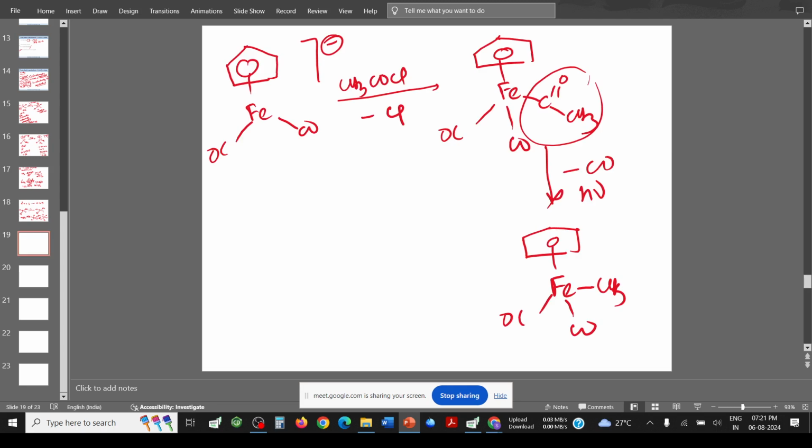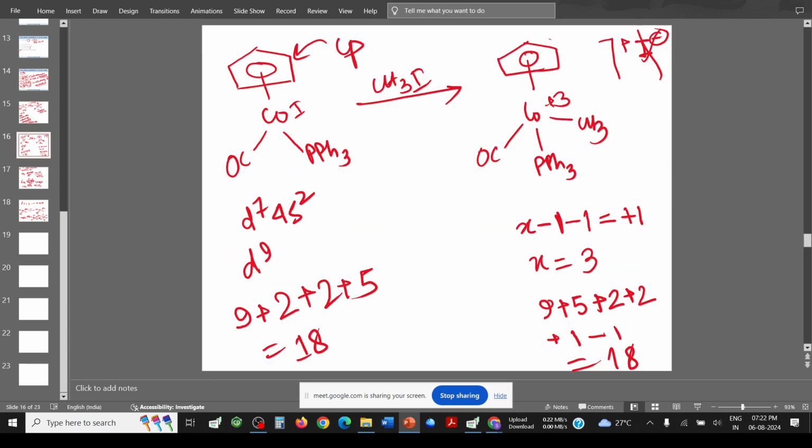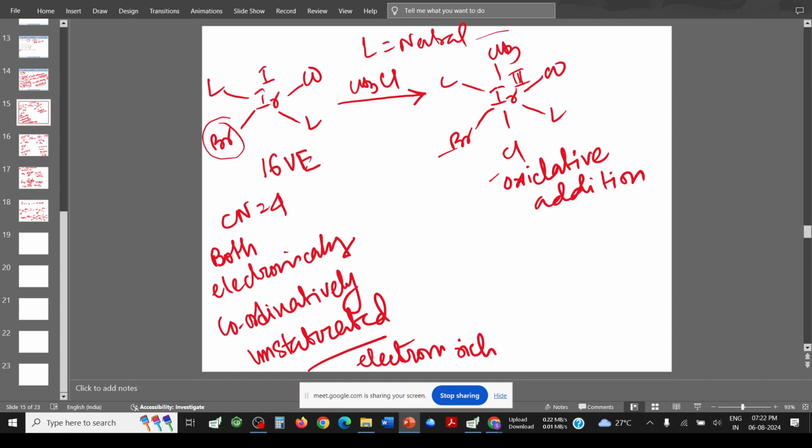So next is the oxidative addition, which I have already discussed for this question. The oxidative addition reaction for these iridium complexes is also a procedure for the synthesis of metal bound alkyl complexes.